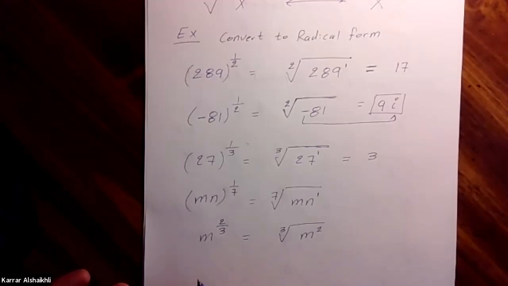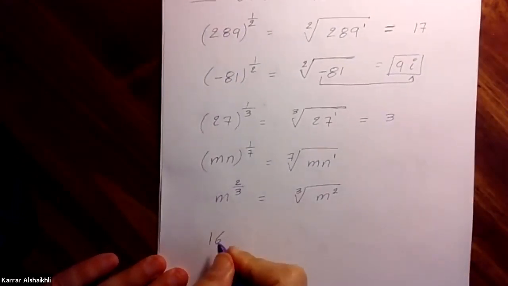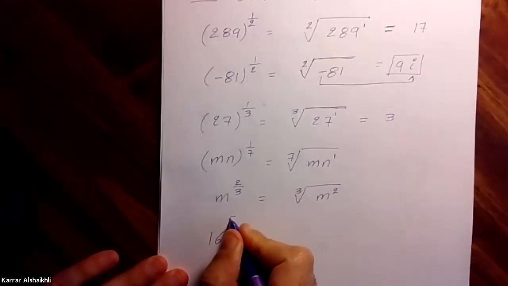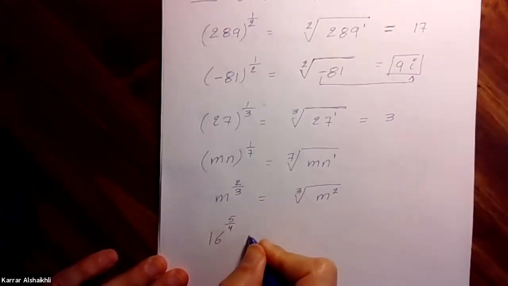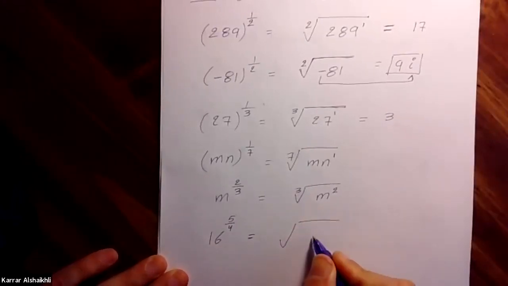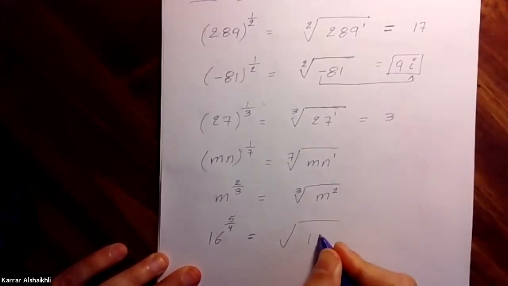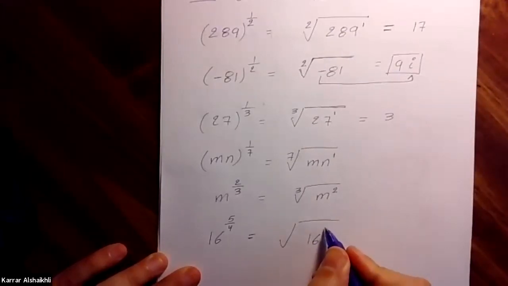Now let's do another example. What about if you have 16 to the power 5/4? So here is the radical. How much am I going to write down here? 16. Here, 5.